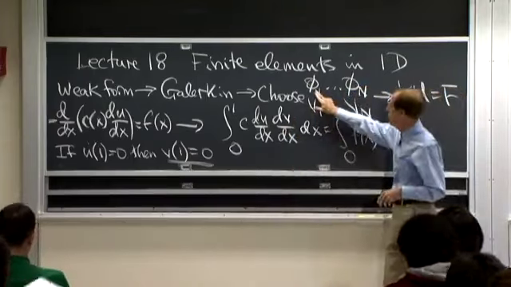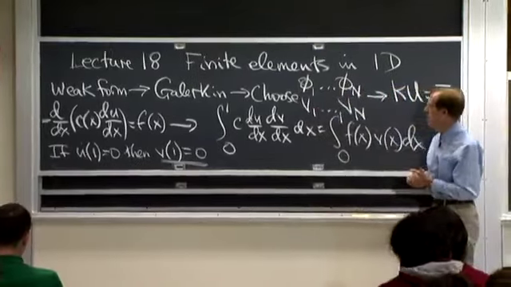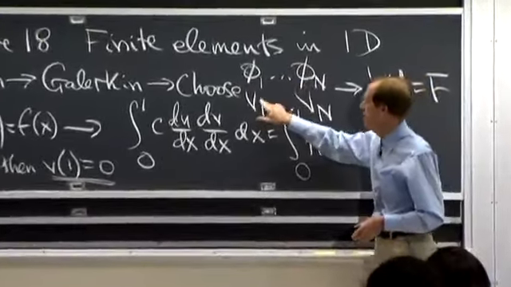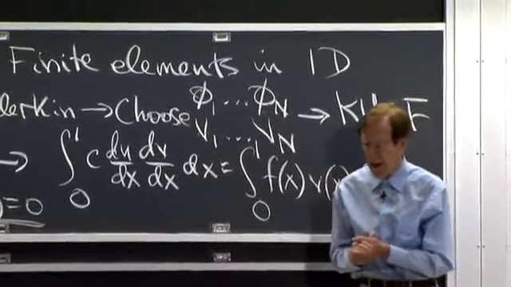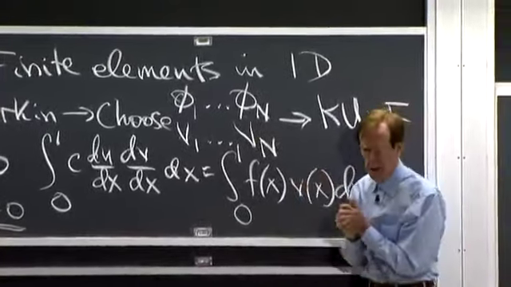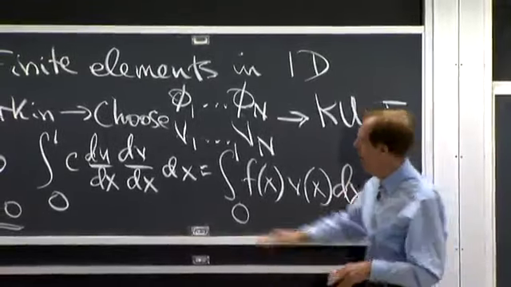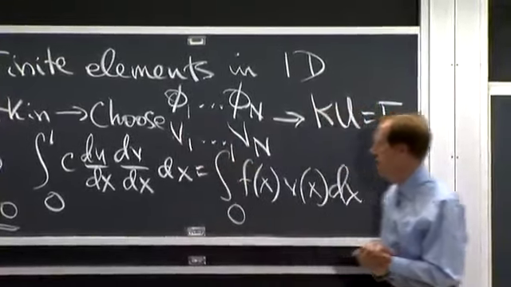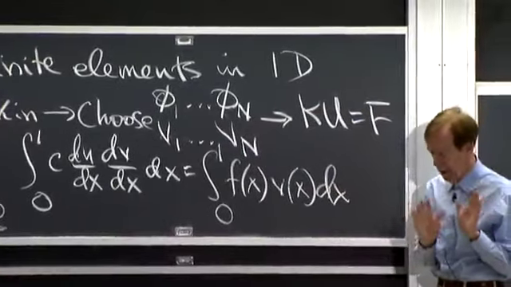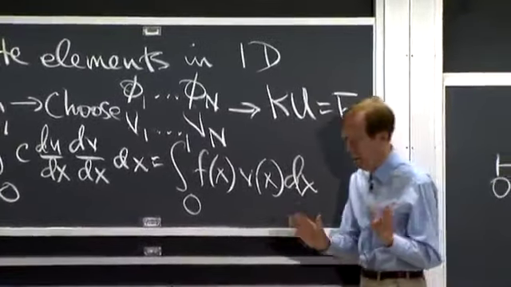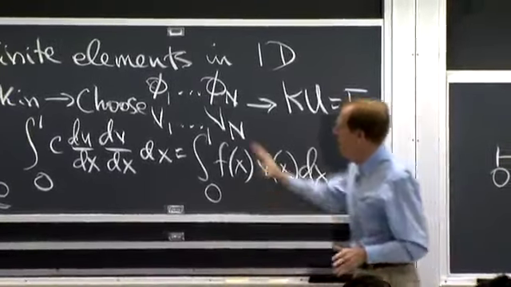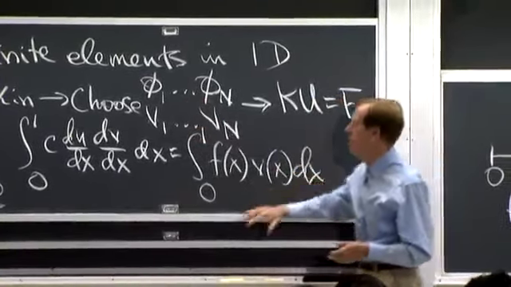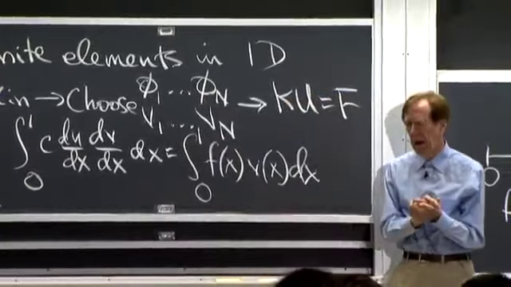He'll choose some trial functions and some test functions. And I'll say now, very often the phis are the same as the v's, and probably they will be in all my examples today. And then what's new today is what choices would you make?